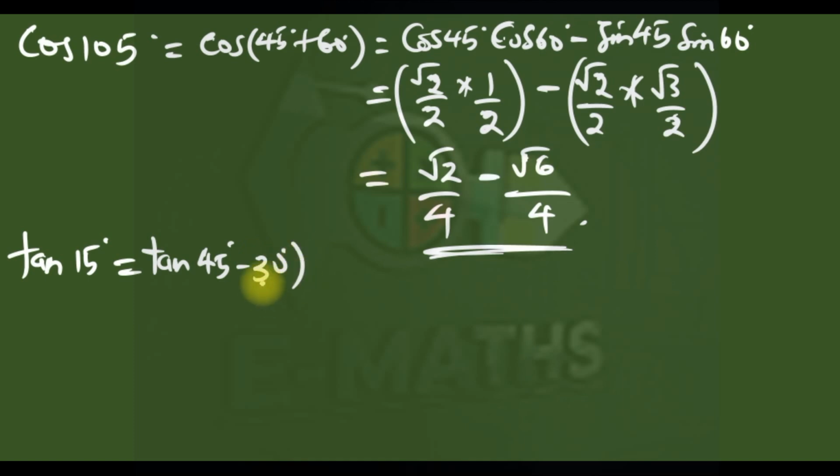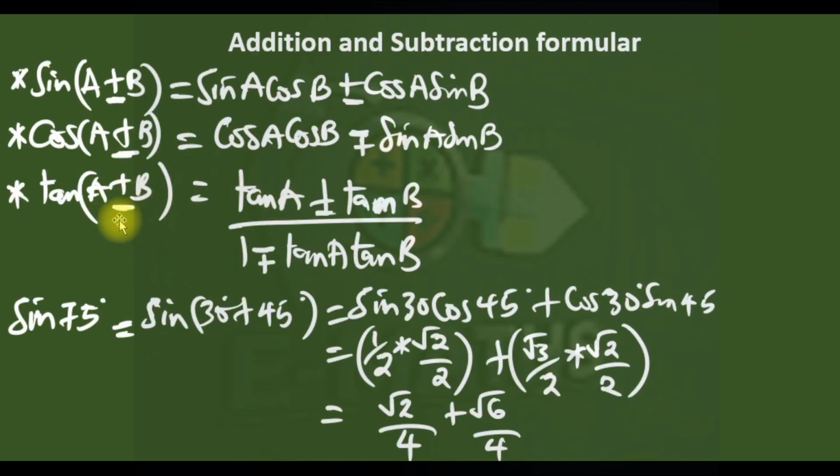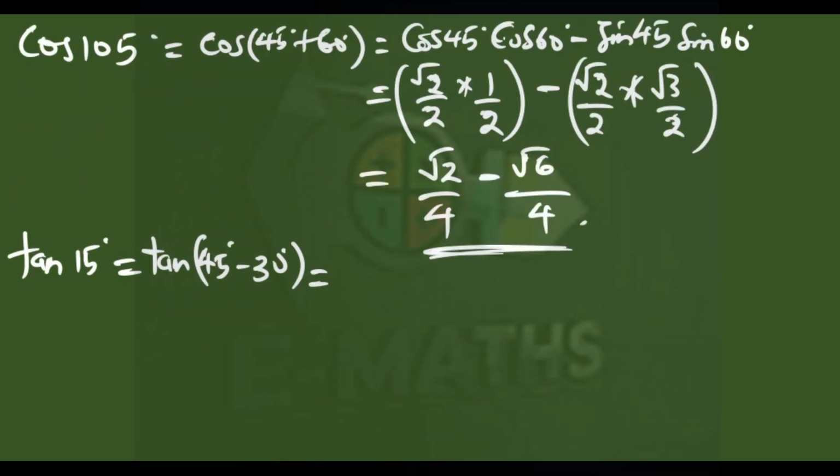Just find any two special angles that will give us that 15, either by addition or subtraction. Using our tan formula, since we are using negative, we use positive and negative here. So go back.